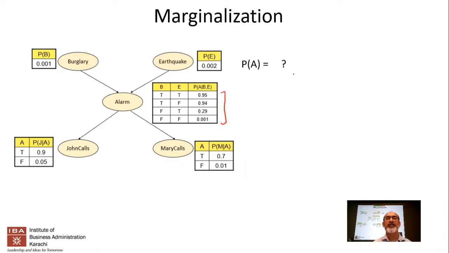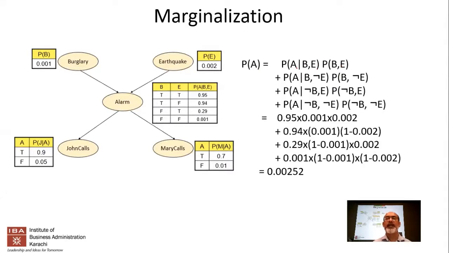So we would say it's the probability of 0.95 multiplied by probability. So let's just go to the solution. So what we'll do is we'll multiply 0.95 over here with the probability that both B and E are true. So now we're trying to get rid of both B and E. Okay.